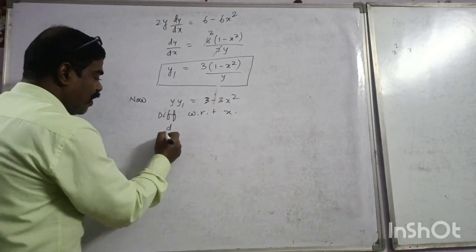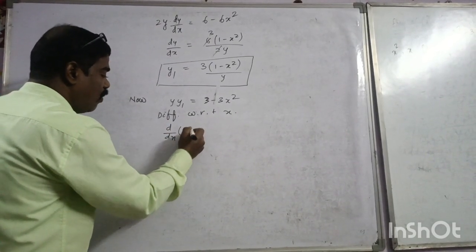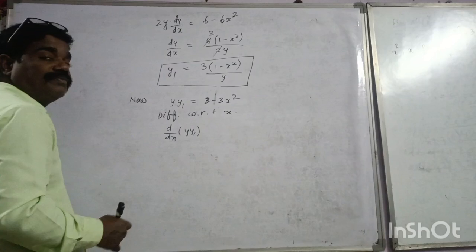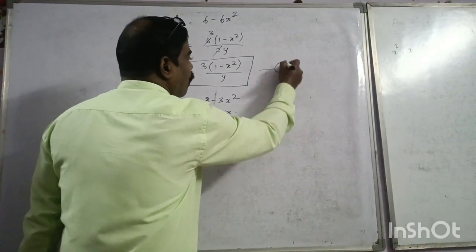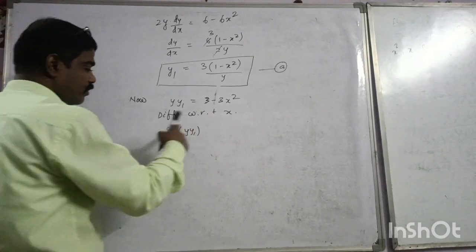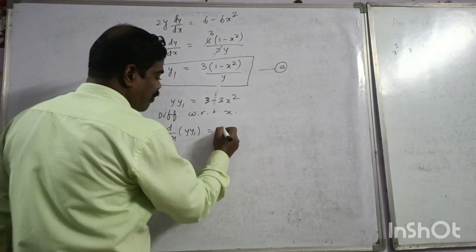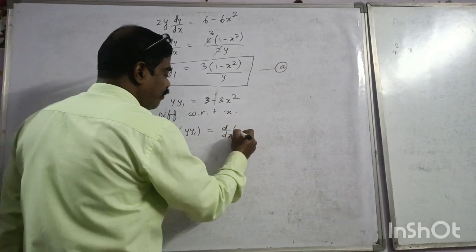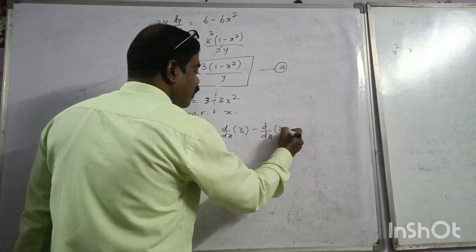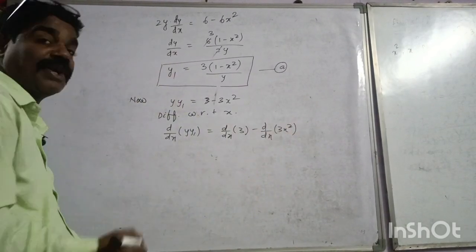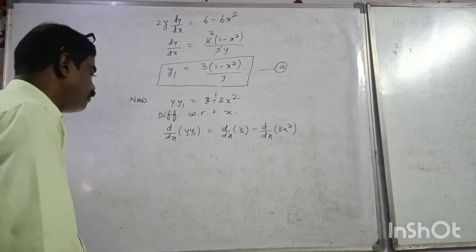So tell me, d by dx of y1 is equal to d by dx of 3 minus d by dx of 3x square. Are you getting my point?